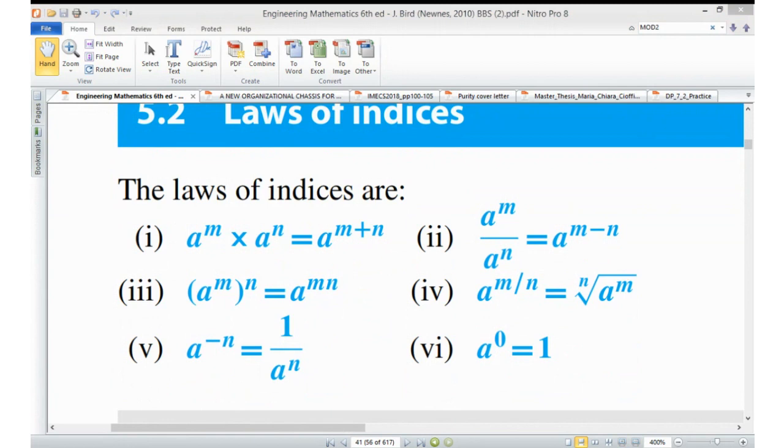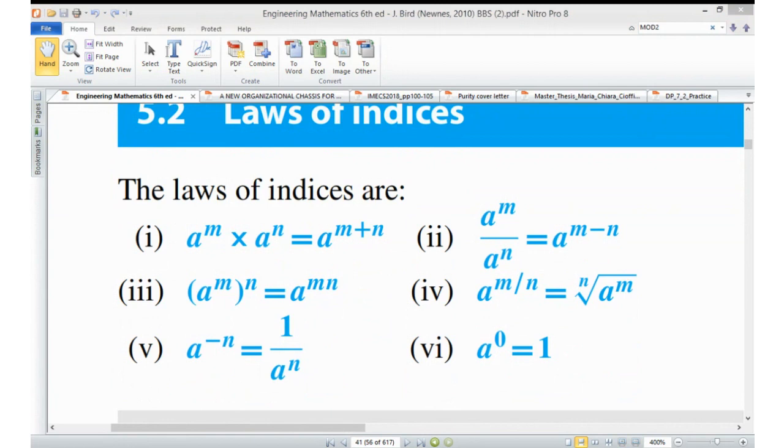Any negative power, you can re-express as the reciprocal of the original, but with a positive power. It can as well mean if we have 1 over a raised to power negative n, then this can become back a raised to power n.